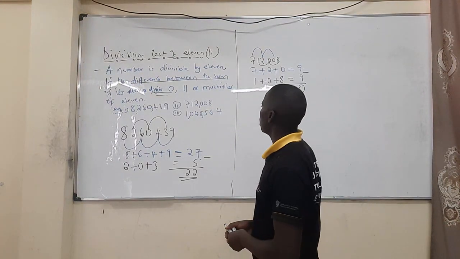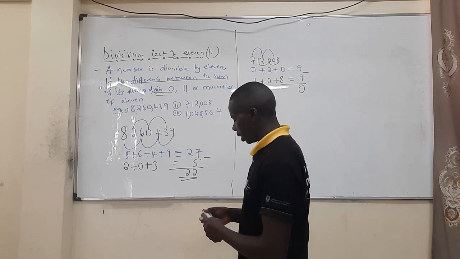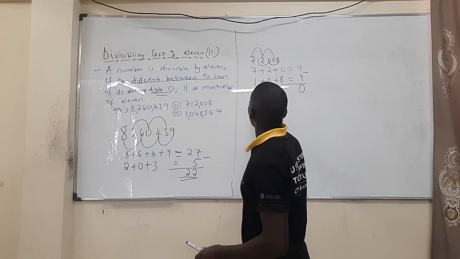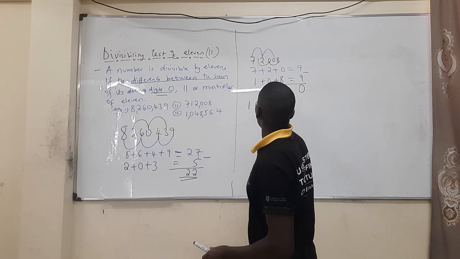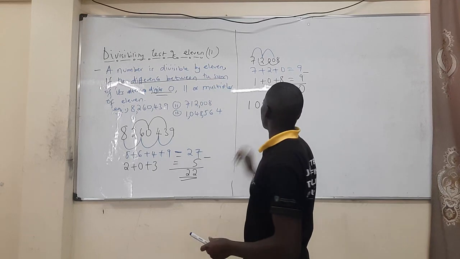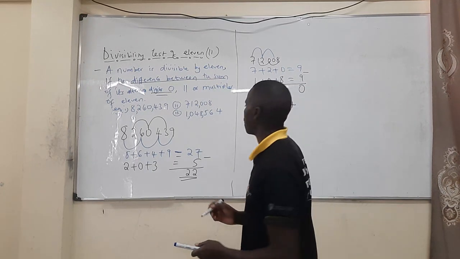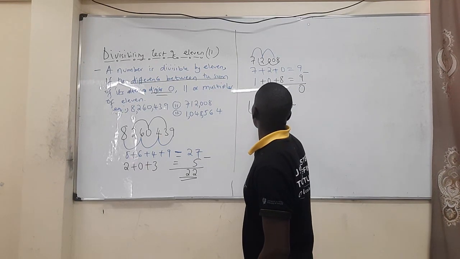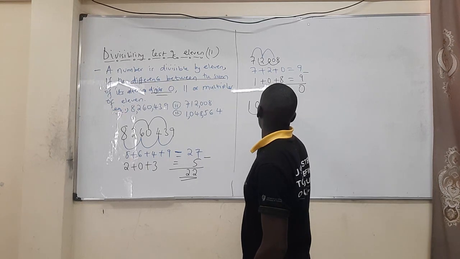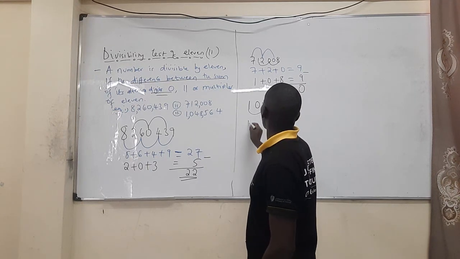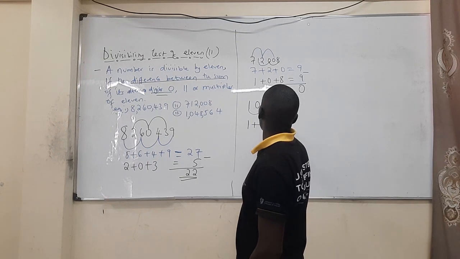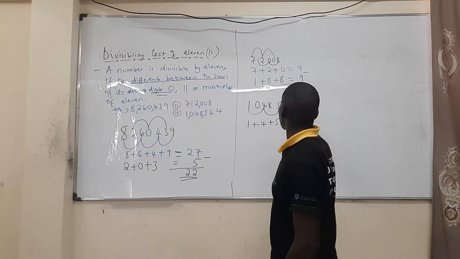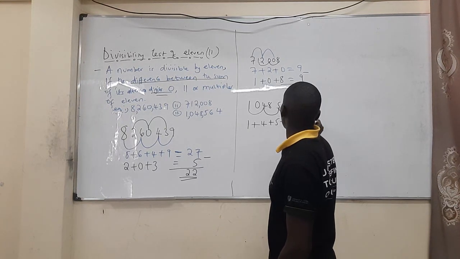And lastly, we have another number that you can test here, which is 1,048,564. We want to see, is this number divisible by 11? So the sum of the alternates: 1 goes with 4, then 5, and then 4. So you have 1 plus 4 plus 5 plus 4, and this gives us 14.